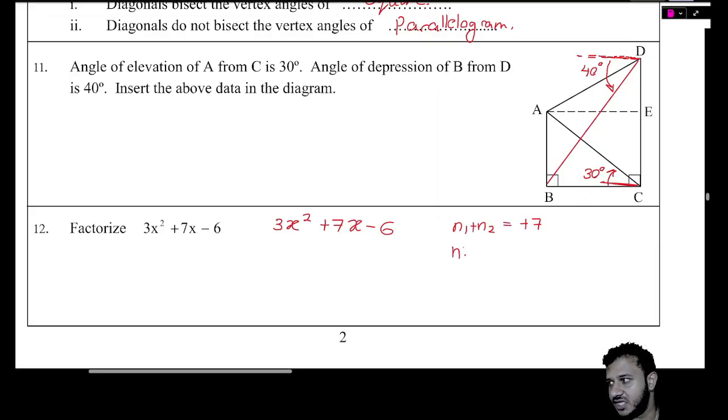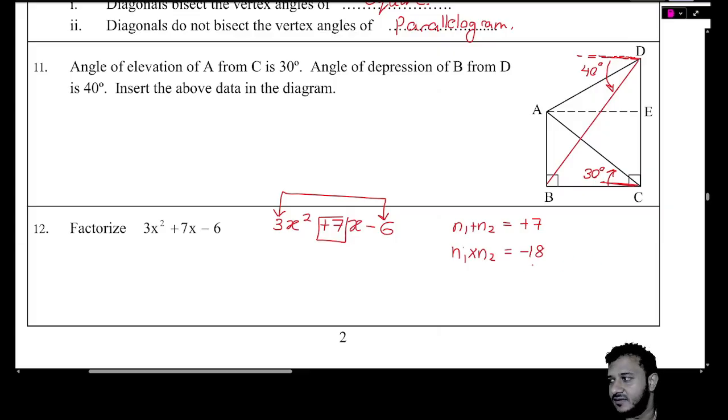Multiplication of the two numbers should be? Addition should be 7, that's true. Multiplication should be the product of 3 times negative 6. What is that? Negative 18. That's better.